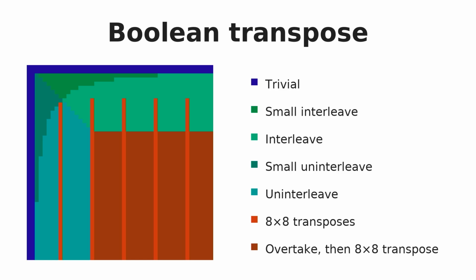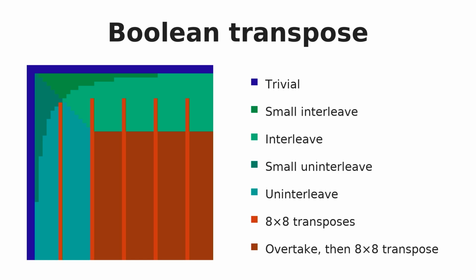That's nice. And then all these greenish things, I know they're hard to tell apart, and that's because I'm not actually going to talk about the differences. These are what I call bit interleaving, which I'll get to on the next slide. Then in these bright red bars, these are my extension of Jay's algorithm to do an 8x8 transpose.